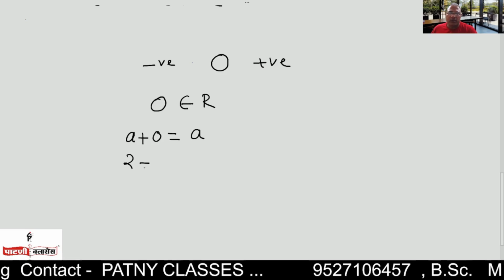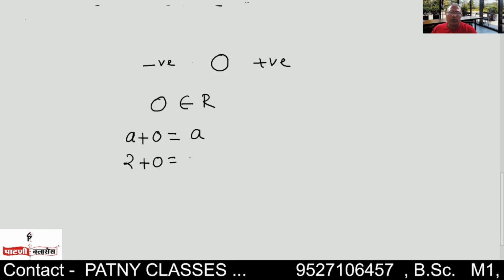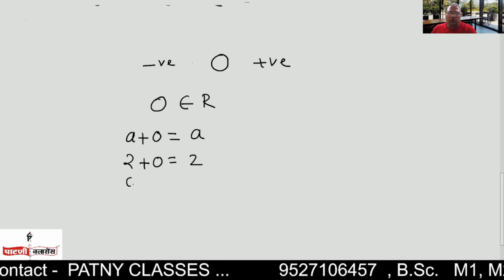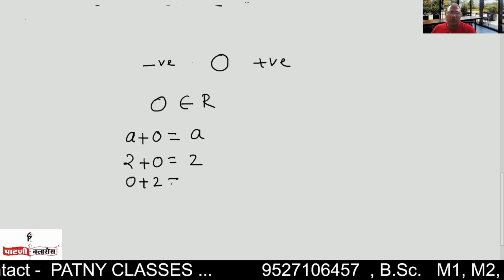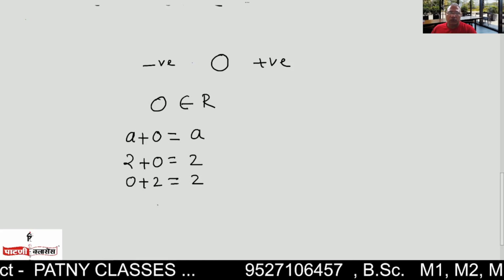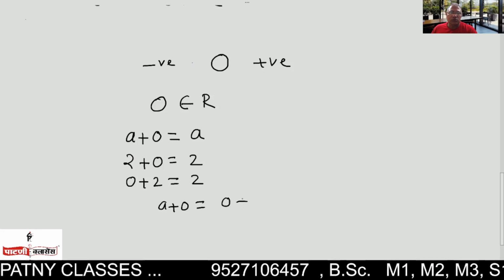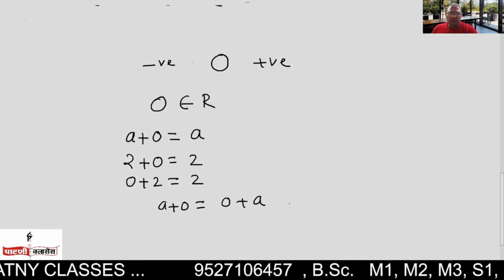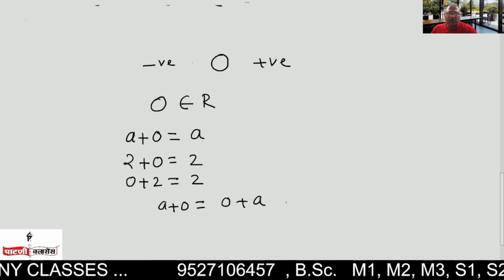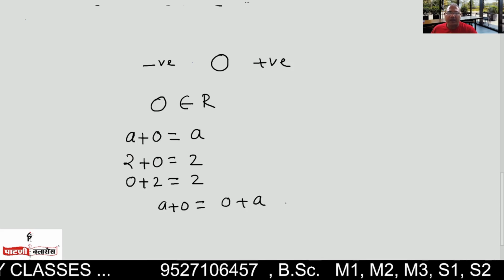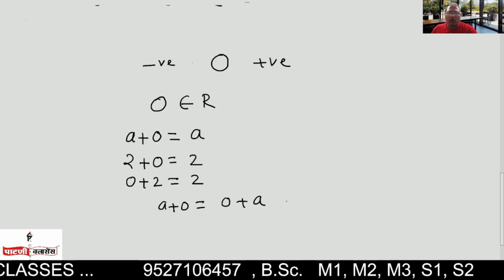Example, 2 is added to 0, you will get 2. Or 0 is added to 2, then also you will get 2. That means a plus 0 equals 0 plus a. This is nothing but the existence of additive identity in the case of real numbers.